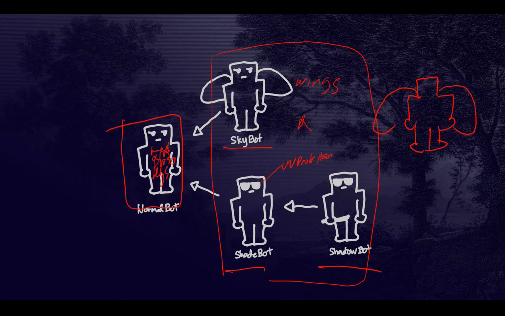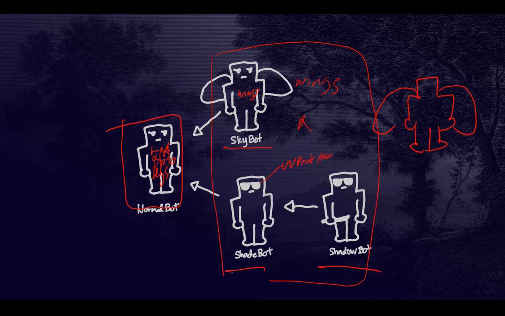But since you want to create a specific skybot, you don't have to write code for head, arms, torso, and legs, because that will already be implemented in your general class. What you need to write inside Skybot are just the special things that make Skybot Skybot, and that would be the wings, for example.